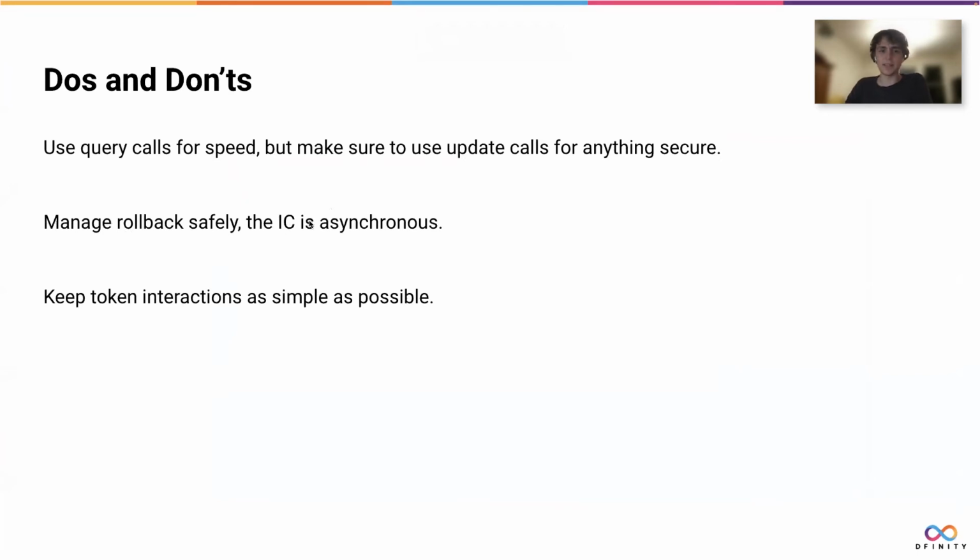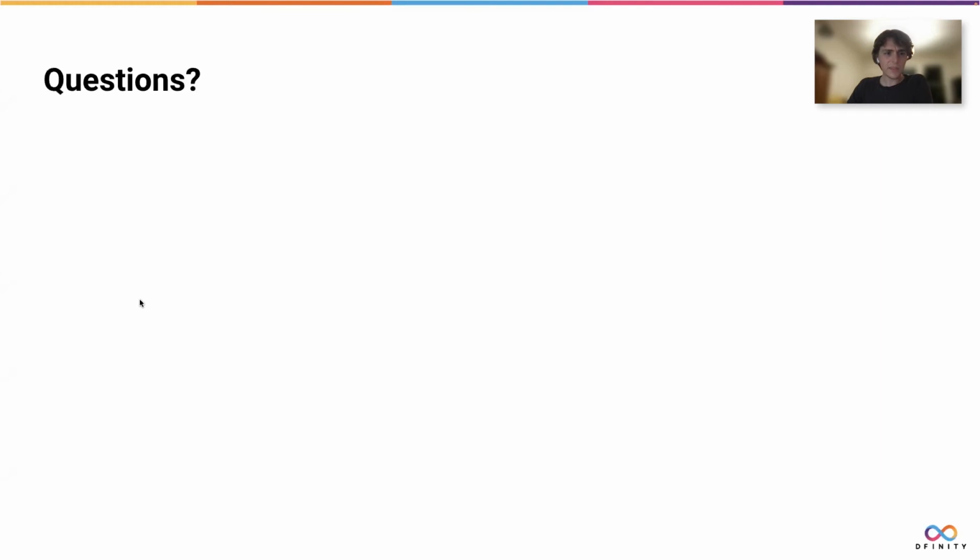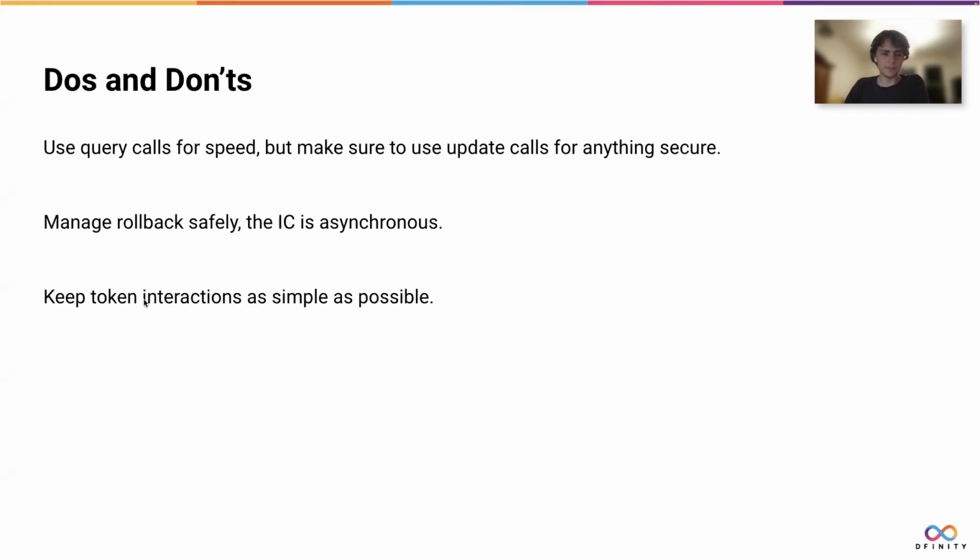Managing rollback safely, because the IC is asynchronous. This is where we were checking the results of asynchronous calls and making sure that the state of the canister is safe no matter what happens. And then back to what we talked about: you want to keep the actual interactions with other canisters as simple as possible. This is why we broke it out to just those.